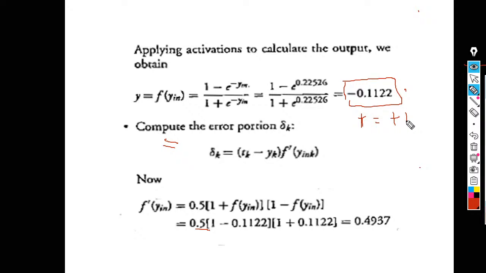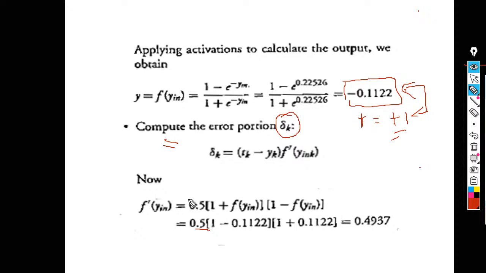So there is an error, and we have to calculate the error because the target was 1 and the actual output we got is minus 0.1122. How to calculate the error? I told you the error is represented by delta, and calculating that error is much easier by just looking at the diagram.